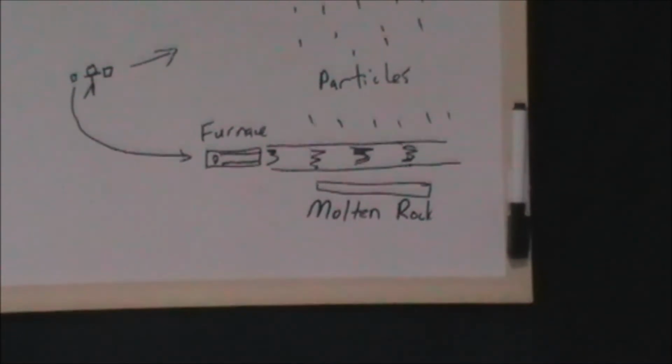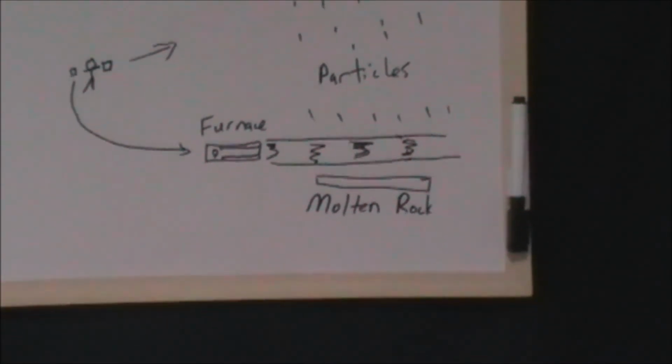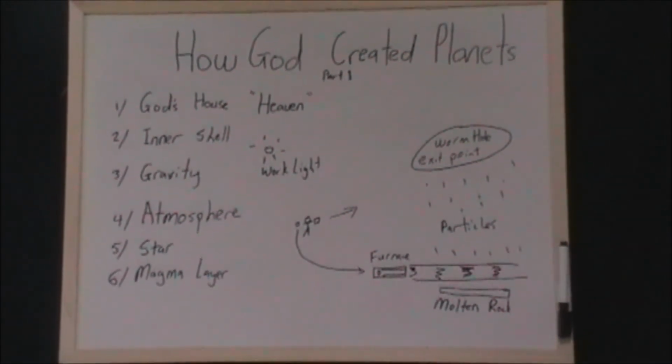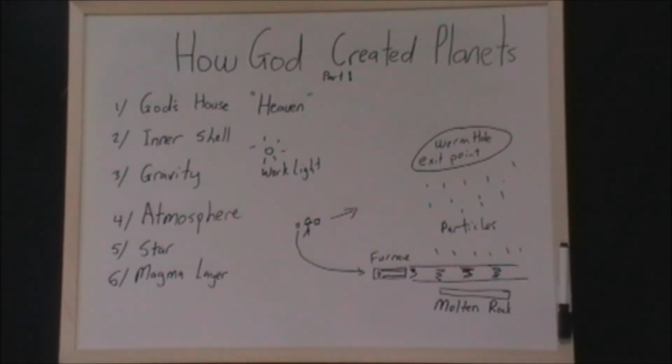So that's where all the molten rock in this universe comes from. God then decided to make a giant ball and made a shell. And so that's the shell for a planet.